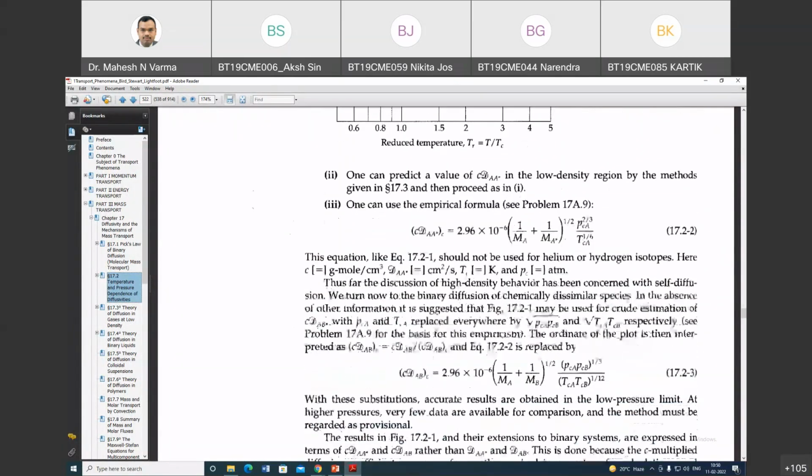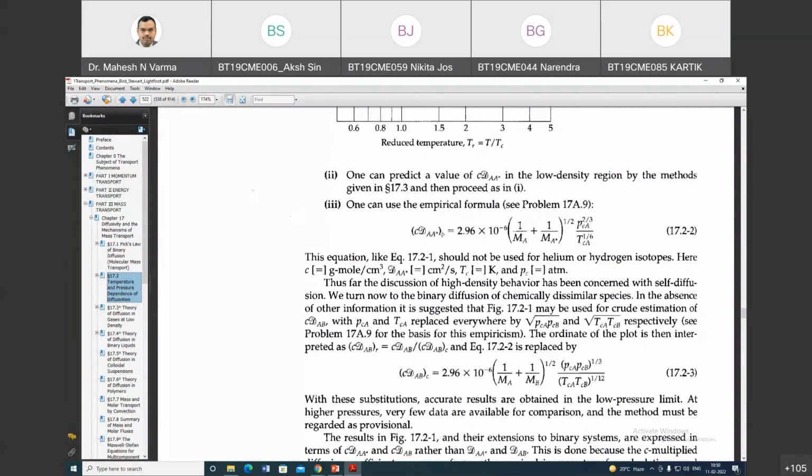Okay, and then you can have a critical diffusivity. This is called DAA, the self diffusivity, for example diffusivity of hydrogen in hydrogen. This is the empirical equation which will give me the value of critical diffusivity. Here some difference will be there: instead of only diffusivity, it is concentration multiplied by diffusivity.